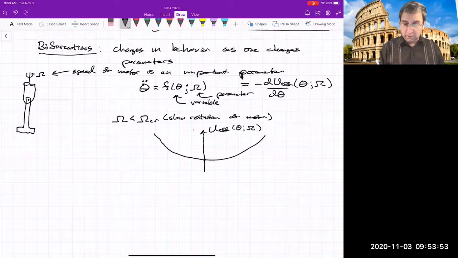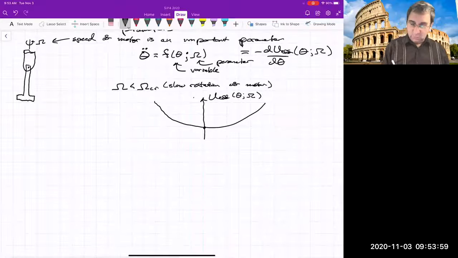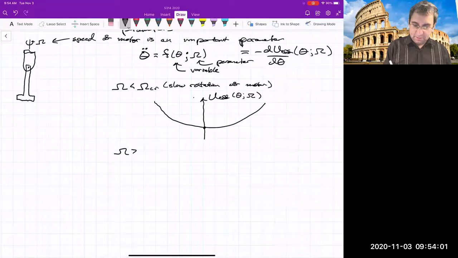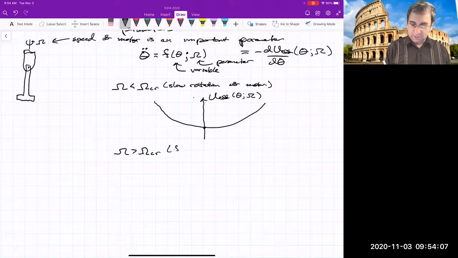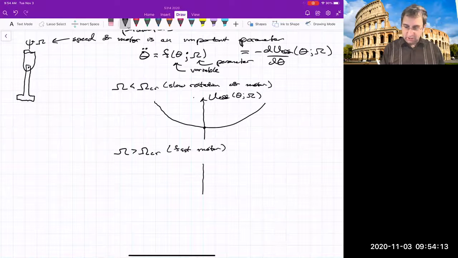There's an equilibrium point at the bottom, and that's it. What about if we crank up the motor, so now we're faster? This is fast rotation. Then this potential energy changes shape. It goes from being just U-shaped to looking something like what I sketched up above, a W shape.